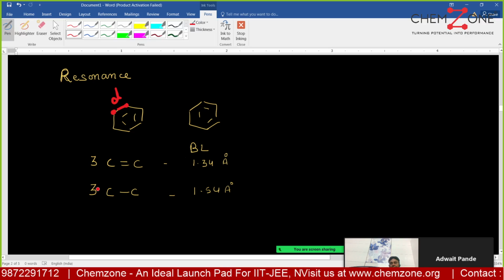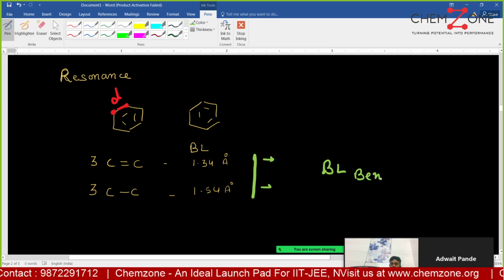Practically, we find that the bond length in case of benzene is neither equal to a double bond nor equal to a single bond, but in between the two. It means both these structures are not matching, not in accordance with the experimental observation.